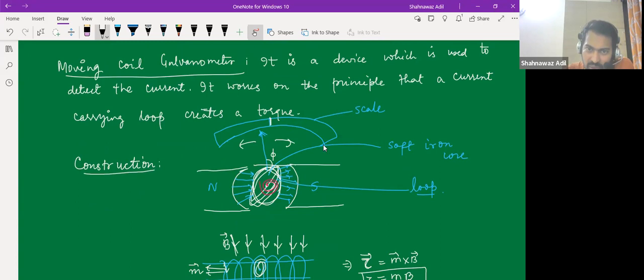So we cannot measure, because let's say you are measuring a 2 microampere current, it will reach here, 3 microampere here, 4 microampere here, 5 microampere here. So now you have reached the saturation. Up to 5 microampere, it is showing here. And for 10 microampere, it will show here, for 20 microampere here.